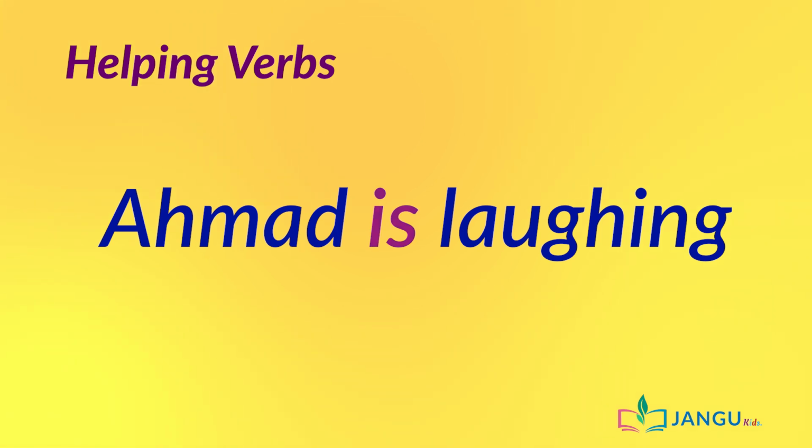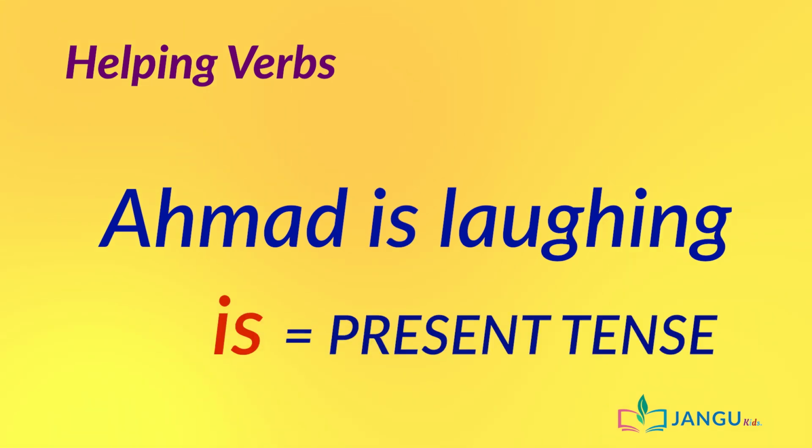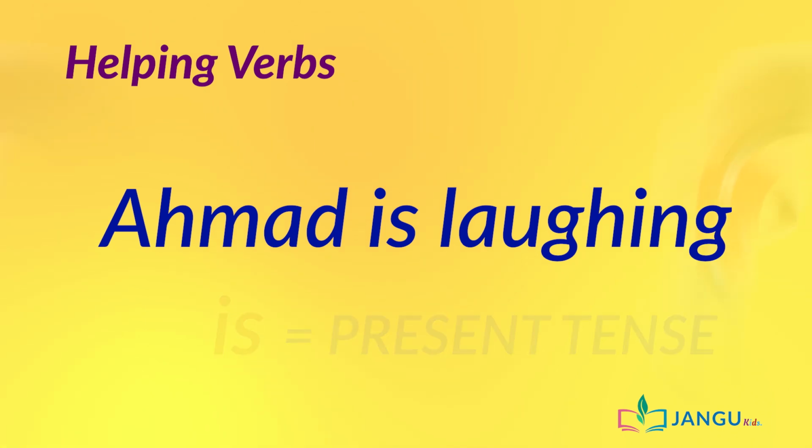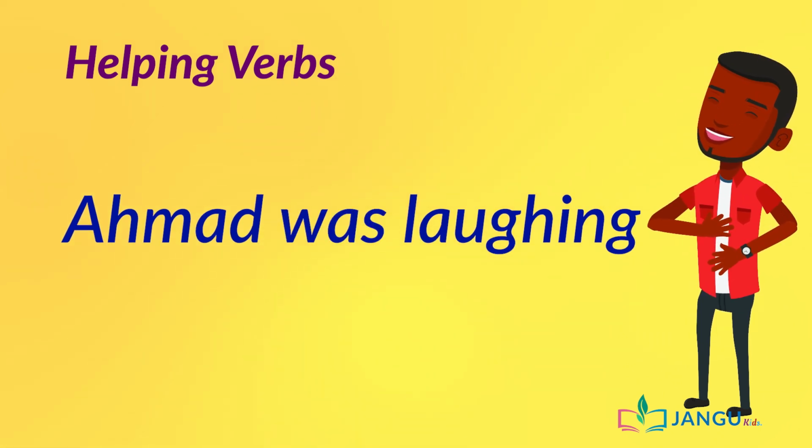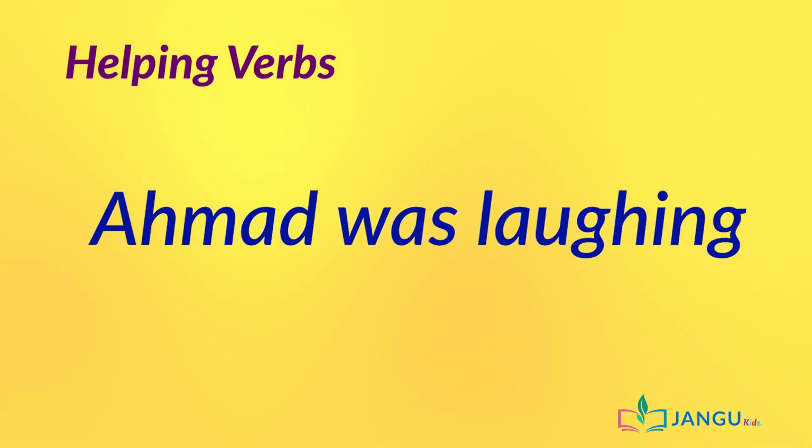Well, the word is used in the present tense, so Ahmed is laughing means it's happening right now. If we put another helping verb like was, for example, in the sentence, it would be Ahmed was laughing. This means Ahmed laughed in the past and the action has ended.